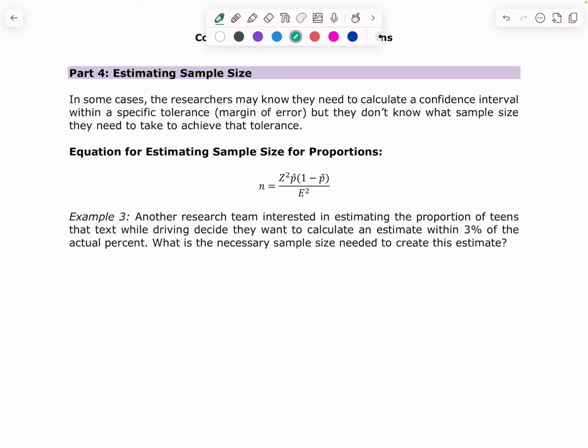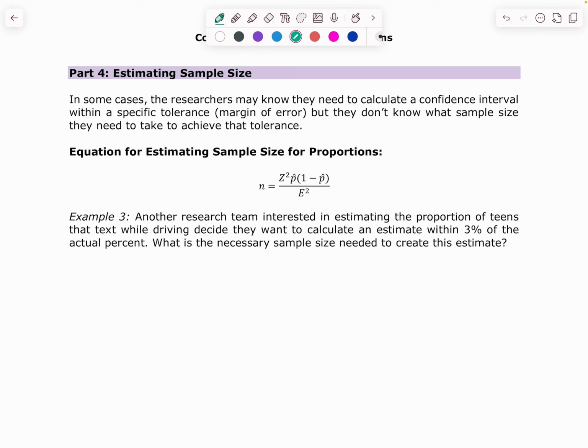There are some cases where, as the researcher, you may know the specific tolerance or margin of error that you need to keep your confidence interval to, but you don't know the sample size that you need to take to achieve that tolerance. So we have an equation that we can use to estimate the sample size required to stay within a certain margin of error.